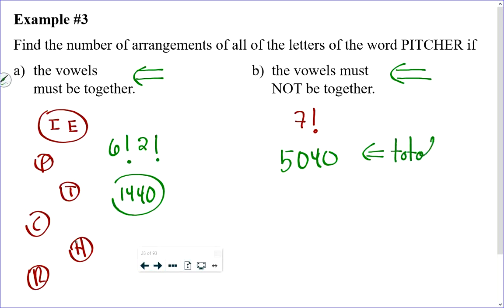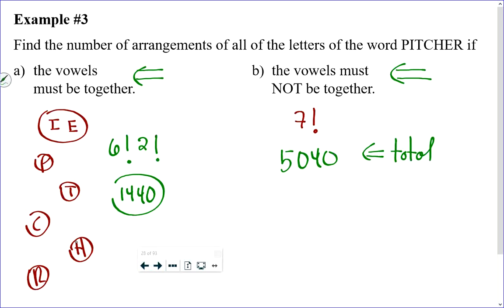And as I said, you could do a thought experiment here to understand why this works. I give you 5,040 index cards, and on each index card, you write down one of those 5,040 arrangements. That's a lot of cards, but you have them on a table and you stand next to a big bin. If the I and the E are together, you throw it out. And if the I and the E are not, you keep it.